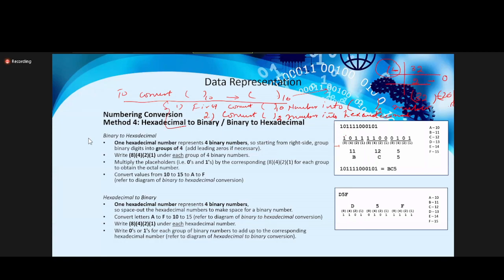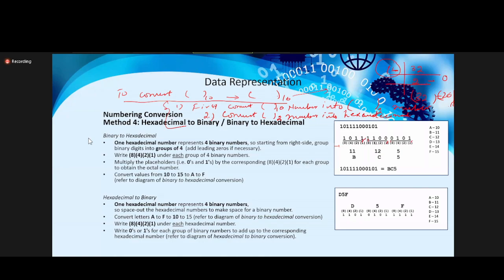So you can group them in 4-bit patterns like this: 4-bit pattern, 4-bit pattern, correct? Once you have made the groups of 4 bits, you're not going to change the bits. You're only grouping them in 4-bit format.